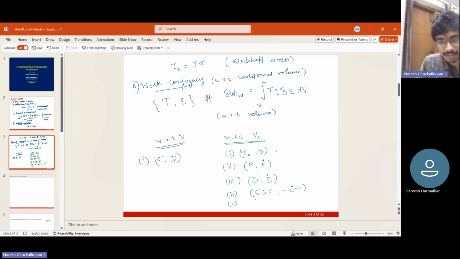Then in the next exercise, we saw that the stress tensor defined as pi, which is PC, is work conjugate to minus F inverse transpose dot.